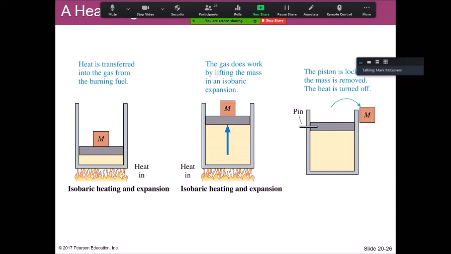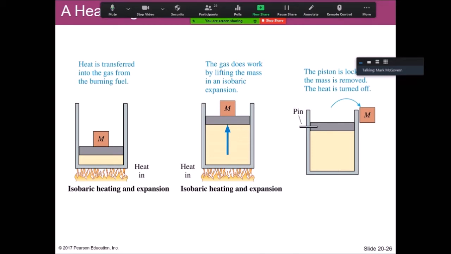Yes, the volume increases, but you're moving to a new isotherm. You're heating up. And so we reach some final volume where the piston has been lifted up. We're doing work here, right? We're doing work in our environment right now. We lock the piston, take the mass off, and let everything just kind of chill out.